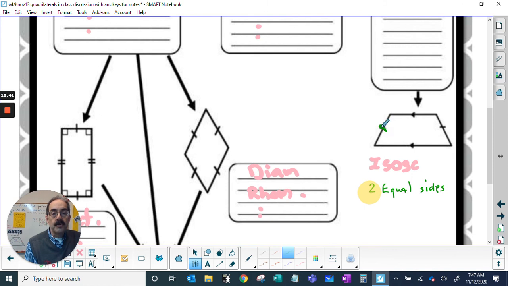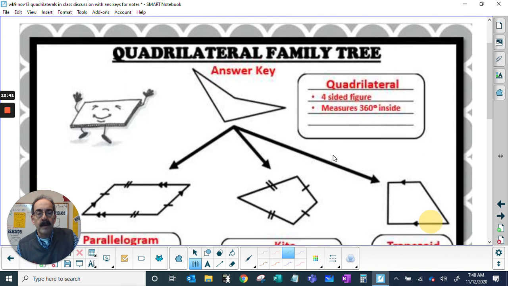To make any object isosceles, 2 opposite sides, 2 equal sides, and they're always the opposites. So 1 set of equal sides.